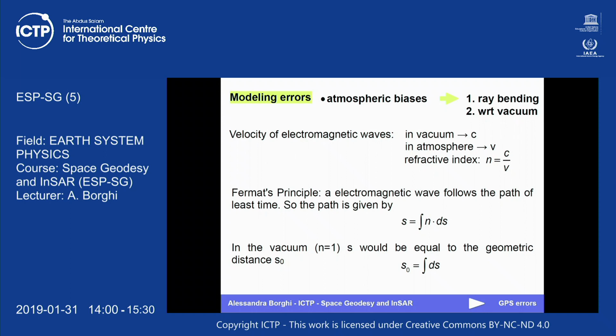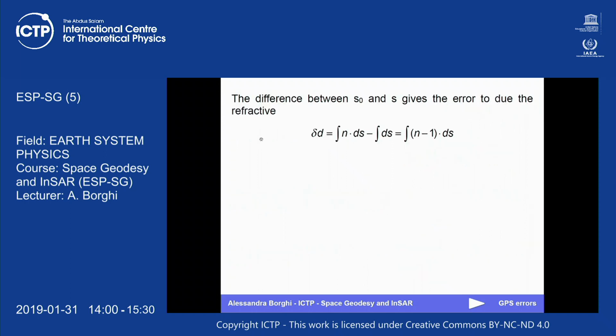We call it S0. It's like a reference. So the difference between the previous S and S0 gives us the error due to the refractivity, due to the atmosphere. We are not in a vacuum. This is physics, and I know that you already know this quantity, but we have to take it into account also for GPS. This is the simple part. We can predict this error, and there are models and so on.